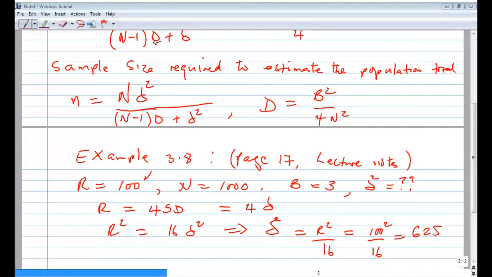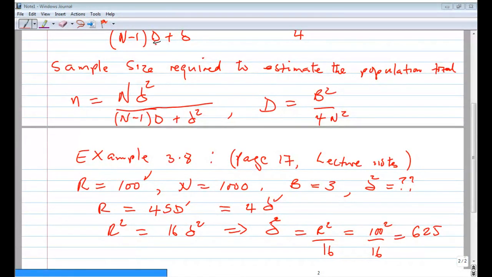From the range you can find the variance, and the way of doing this is to say R equals 4 times the standard deviation. This is the formula you can use if you have been given the range but not the variance. Our main idea here is to find the variance, but they gave us the range. That is why we have R equal to 4 times the standard deviation, and the standard deviation is sigma, so we substitute it by sigma. Then we square both sides.